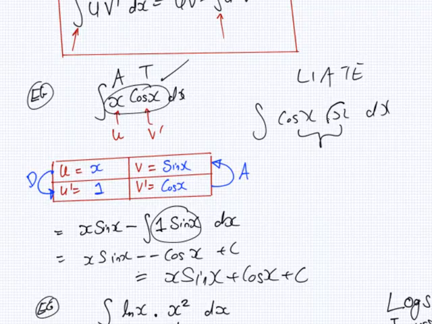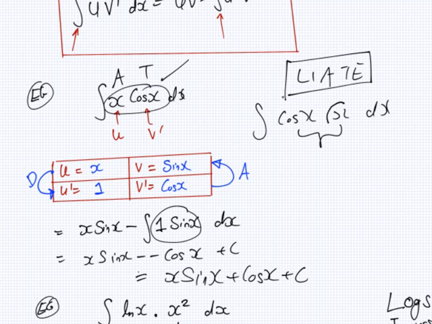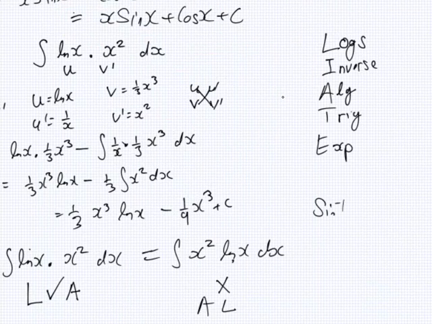Well, no, that's not really true, because here both of these are easy to integrate. But x is easier. Says who? Anyways, it doesn't matter. I just remember it like this.